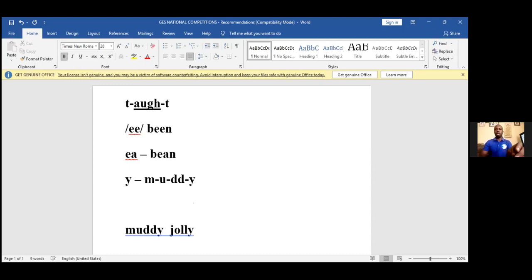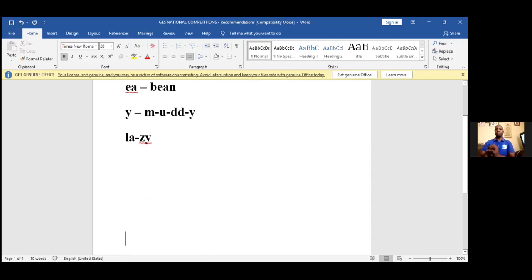When you look at words like lazy, you realize that this word has a long vowel there. So that is how it is supposed to be segmented. That is how it is supposed to be broken down. So how are we teaching our children?